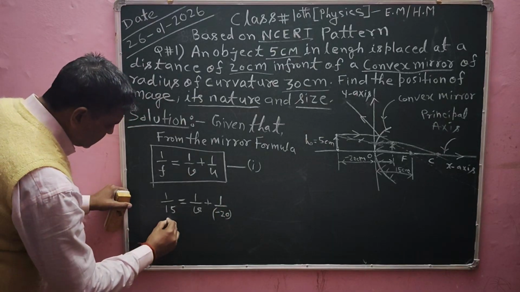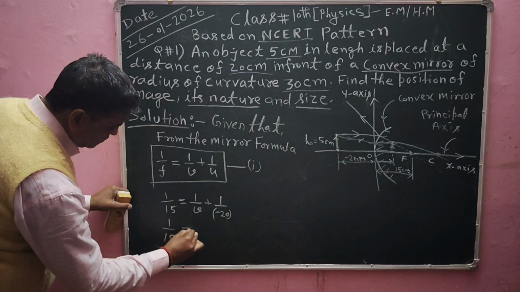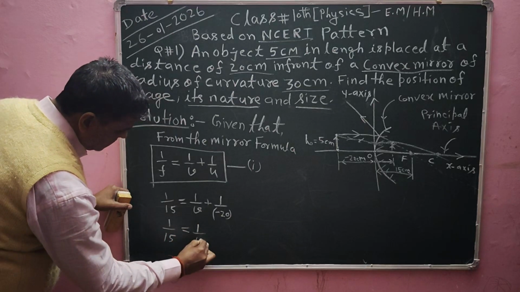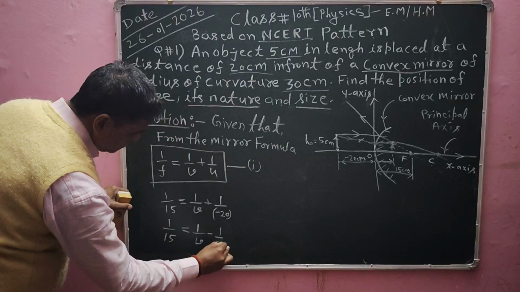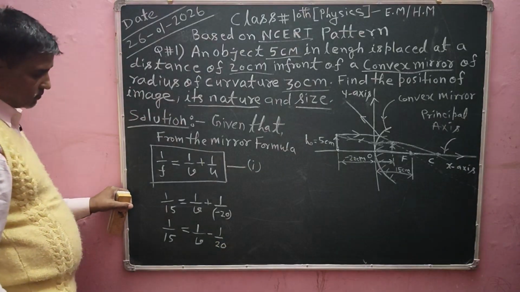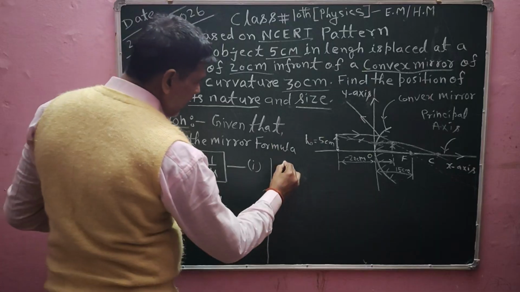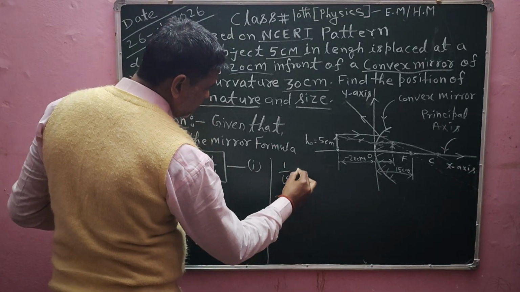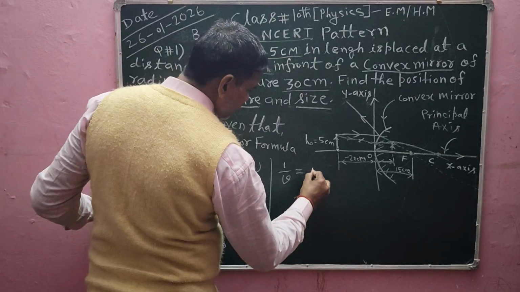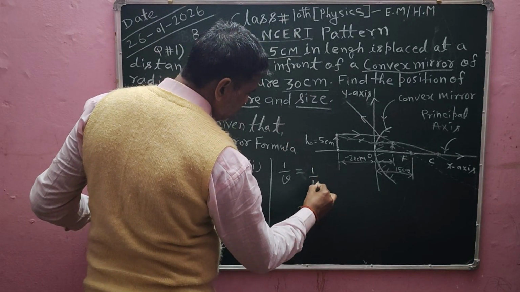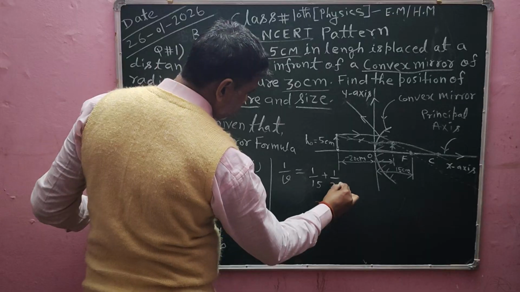Now further I will simplify: 1 by 15 is equal to 1 by v minus 1 by 20. So further I will simplify. I will get the value of 1 by v, which is equal to 1 by 15 plus 1 by 20.